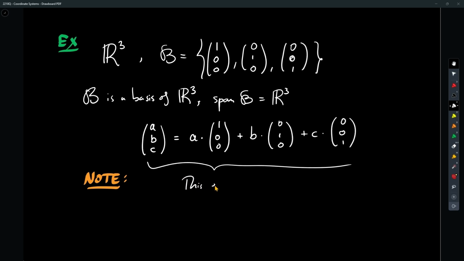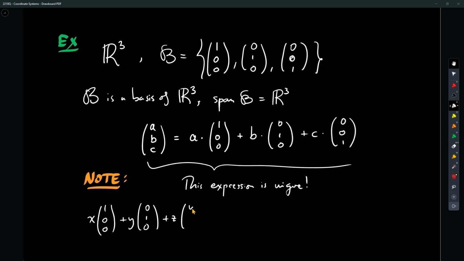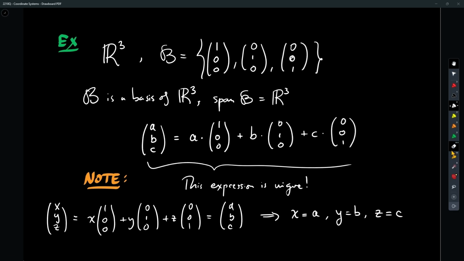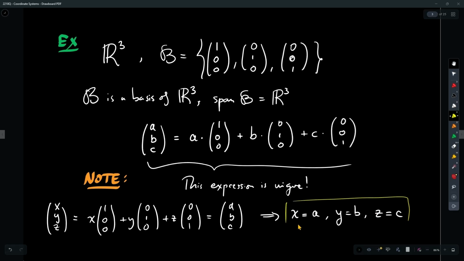This is something that is easy to prove in this case, because if I have x times 1, 0, 0 plus y times 0, 1, 0 plus z times 0, 0, 1, and that is exactly A, B, C, well, if I just scale and add, this is the vector x, y, z, and that implies that x is A, y is B, and z is C, and that is the unique solution to that system.